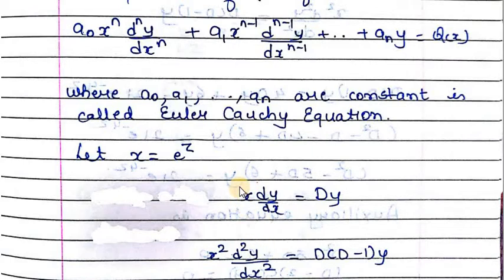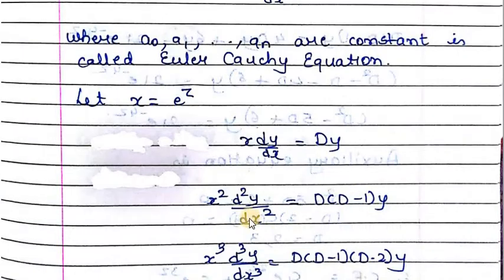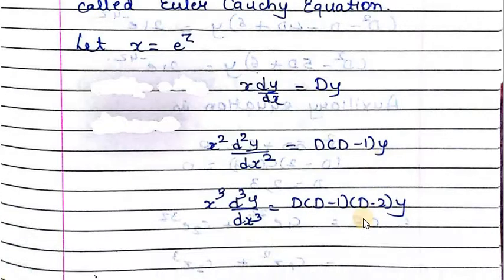during that process we will suppose x dy by dx equals capital D y, where this capital D is d by dz, and x square d square y by dx square will become D into (D minus 1) y.